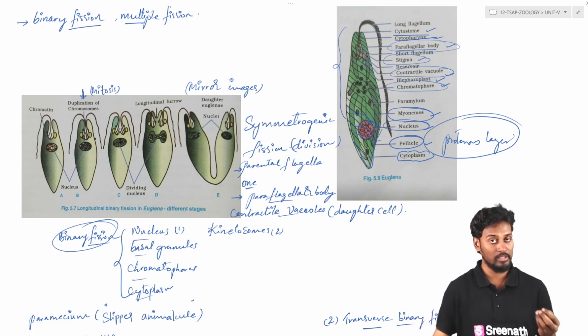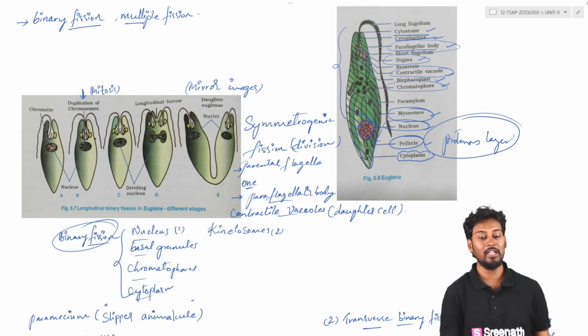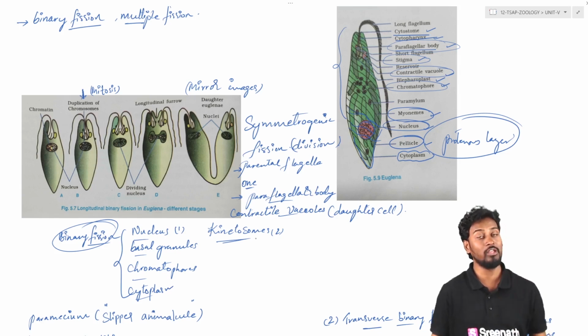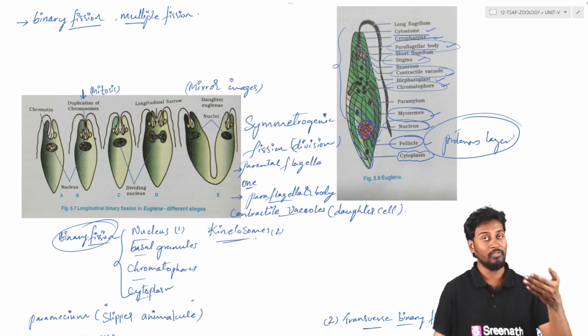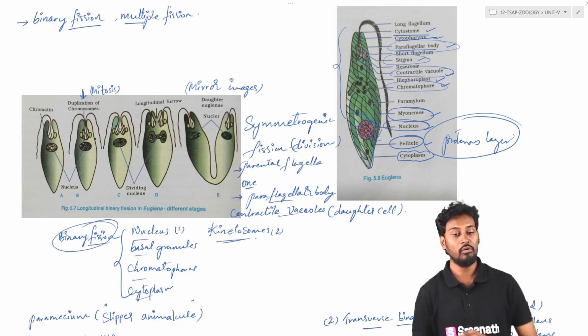And finally the kinetosomes, that is the flagellary basal body, will undergo division in the second step. So in the first step all the vital cell organelles like nucleus, basal granules, chromatophores and also cytoplasm divide. In the second step it is the kinetosomes.